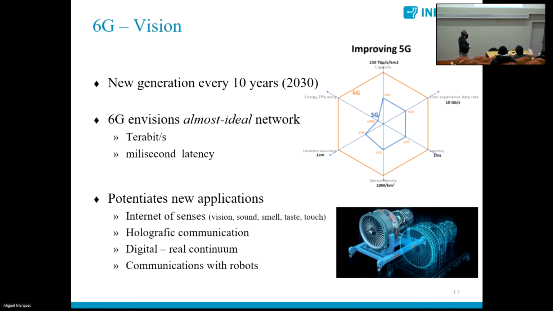The evolution to 6G. 6G will be the next generation, and it will appear by 2030. These generations tend to appear every 10 years. And the requirements of the 6th generation are currently being defined.